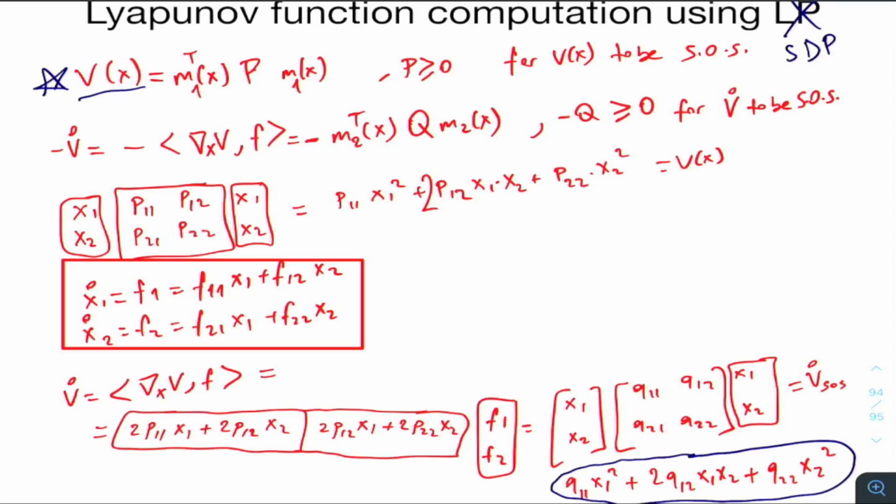You are bound to construct the q matrix using only p, for example 2p12 or something like that. In that case, that's the end of the story. But probably, maybe 100%, you are going to have some degrees of freedom.